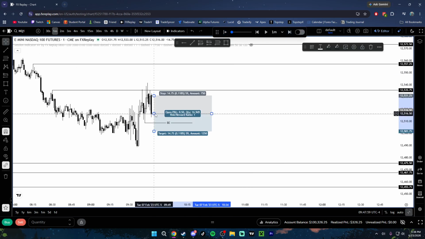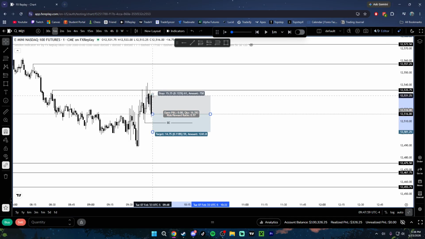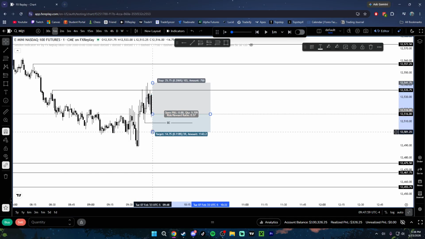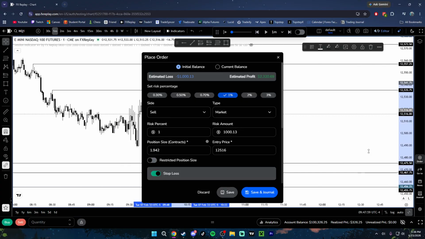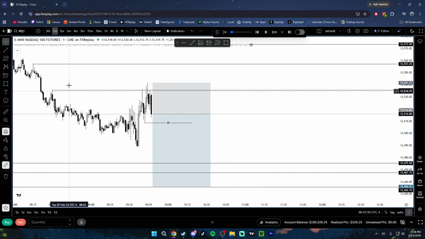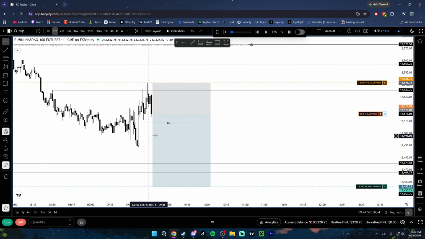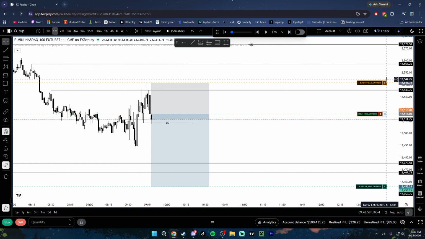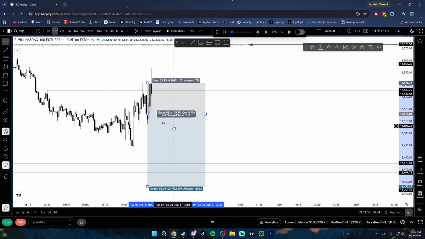Let me try one more time. Okay, delivering from this liquidity right here. Break even at this internal low. Let our break even.